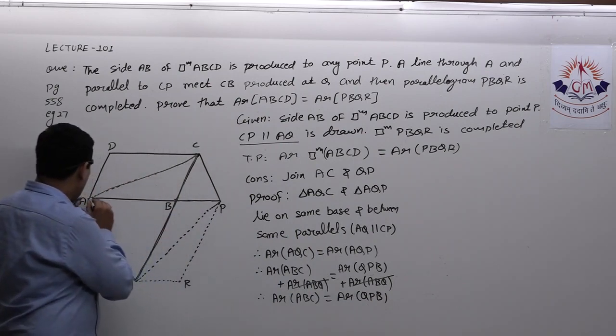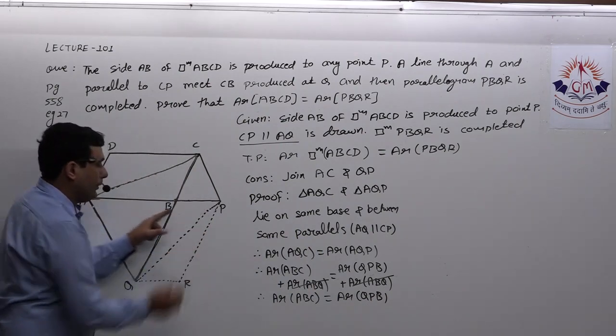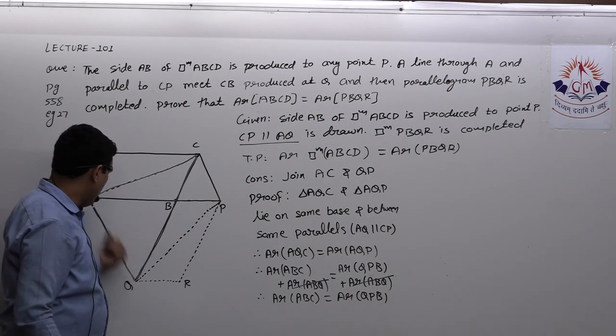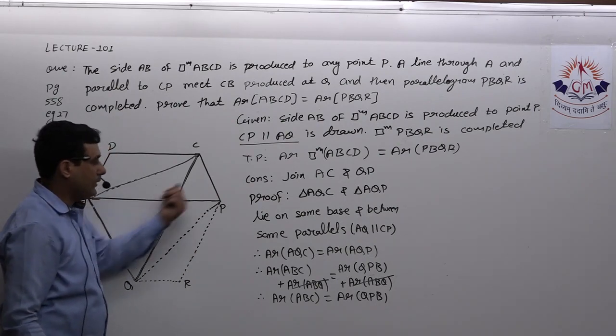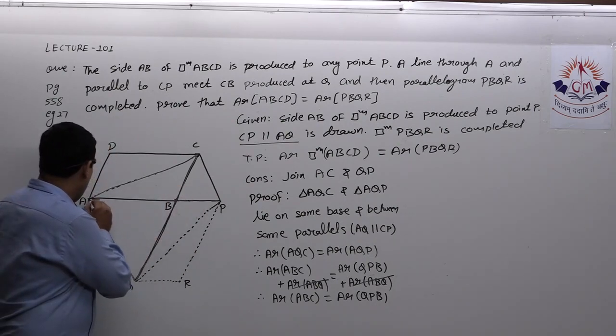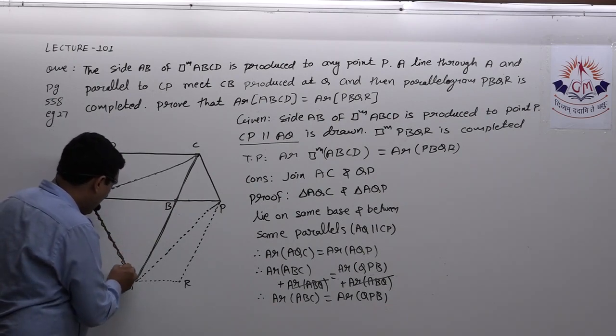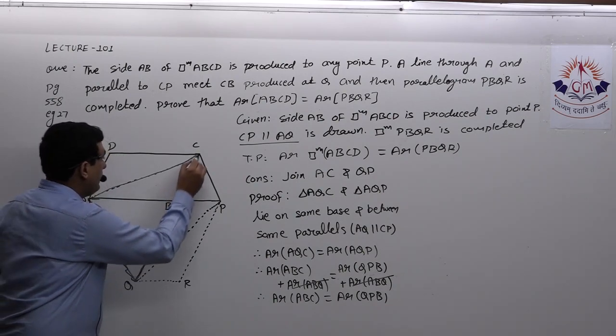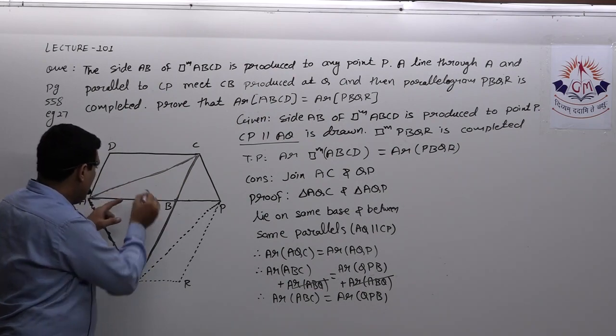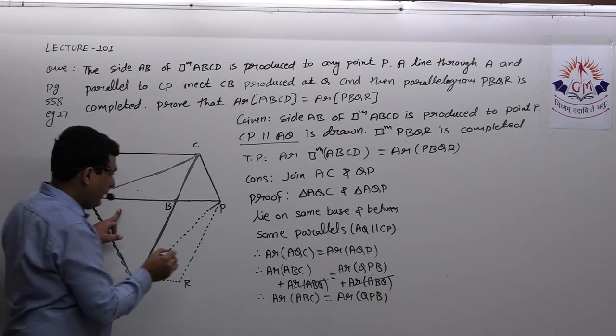See, area of triangle AQC and AQP are equal in area because they are on same base AQ and between same parallels AQ and CP. Now, instead of writing AQC, I wrote it ABC plus ABQ.